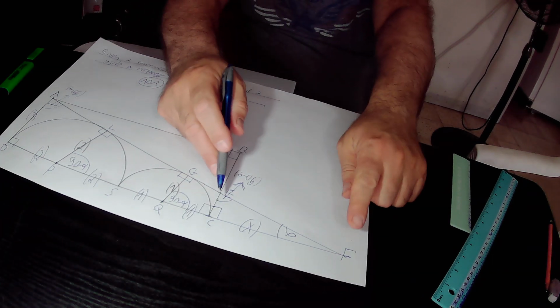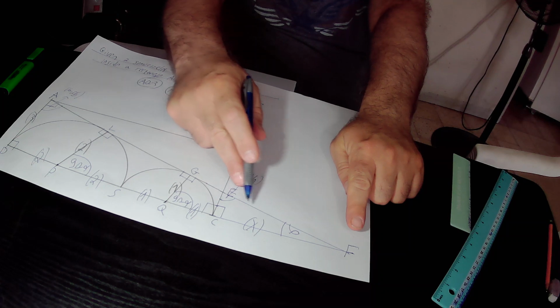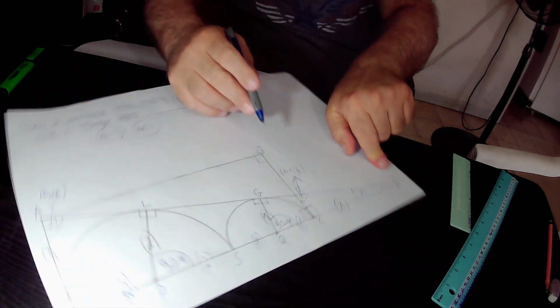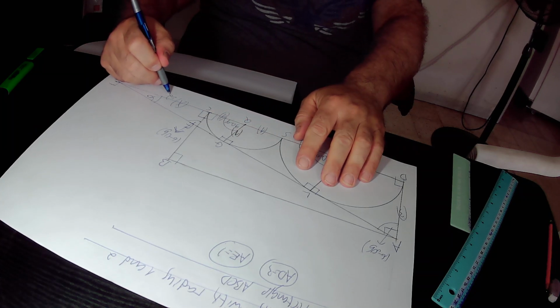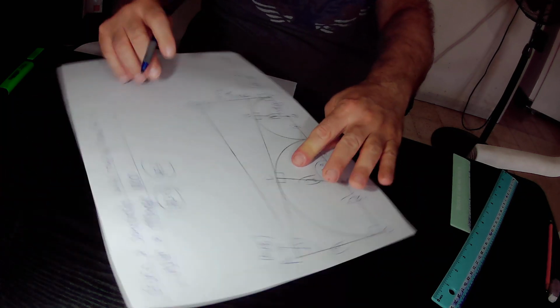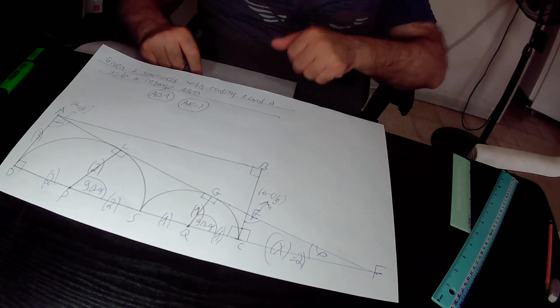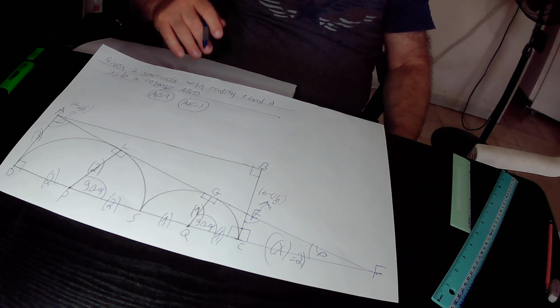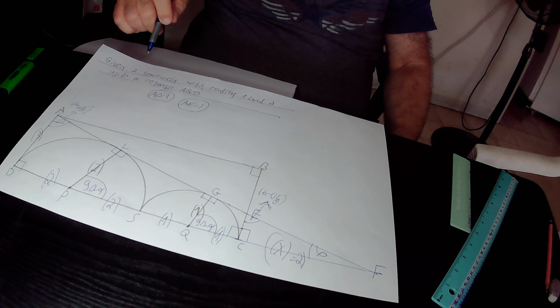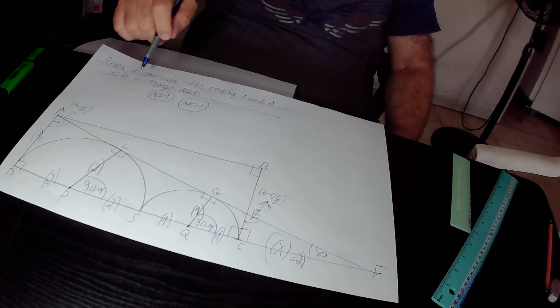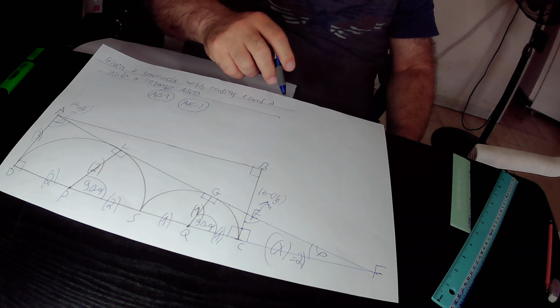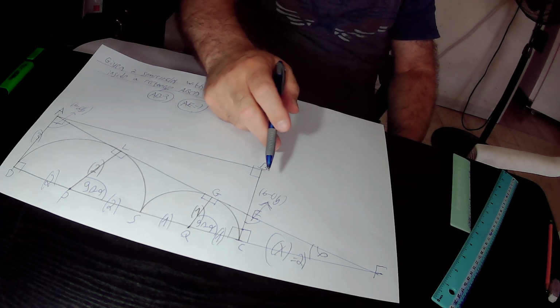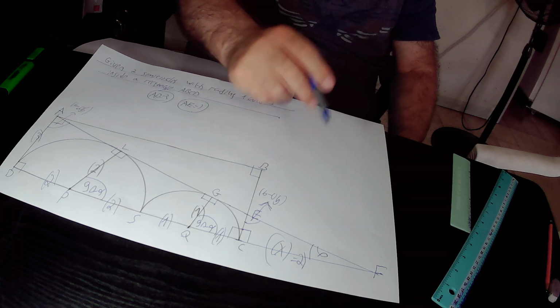So line segment CF, which equals x, is equal to 2 units. So I write it down: CF equals x equals 2. In the next step, we will prove that the biggest right triangle in this drawing, the right triangle ADF, is similar to the smallest right triangle in this drawing, triangle ECF.